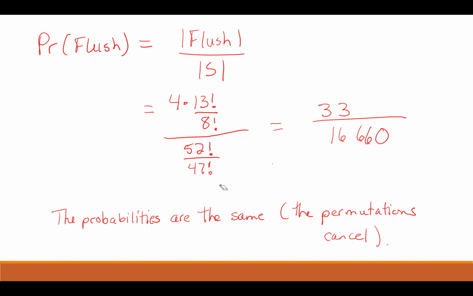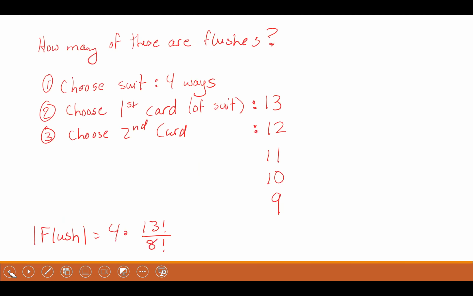So if we go back, if I multiply all of these out, it is 4 times 13 times 12 times 11 times 10 times 9. And if we just look at this part, this is sort of a factorial.